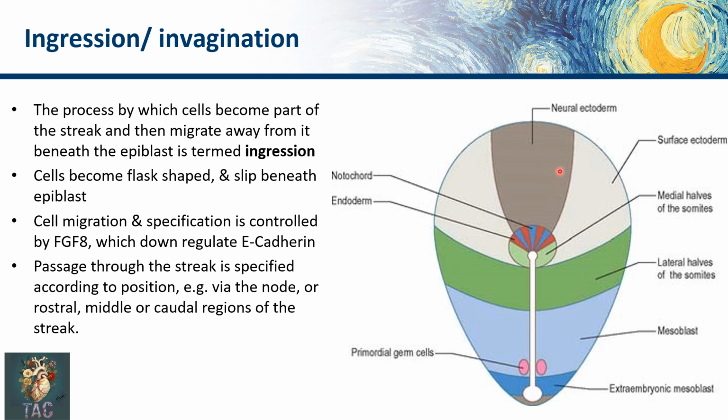The cells which do not migrate through the primitive streak remain in the epiblast, and they will form the neural ectoderm and the surface ectoderm. So these are the different cell populations which migrate through either the primitive node or the primitive streak, and their passage through the streak is specified according to their position.